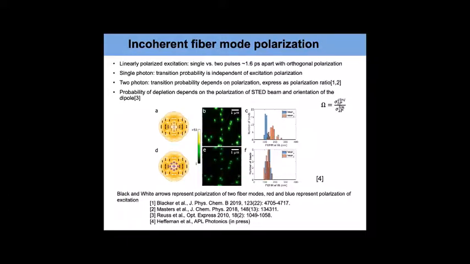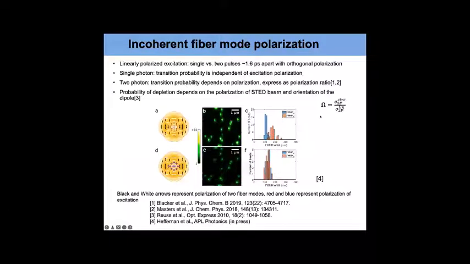What you see here is a more uniform efficiency, but just due to the polarization, you still have some percentage of the dipoles that aren't sufficiently depleted. So you do get this kind of background pedestal. But it was interesting to see this play out.